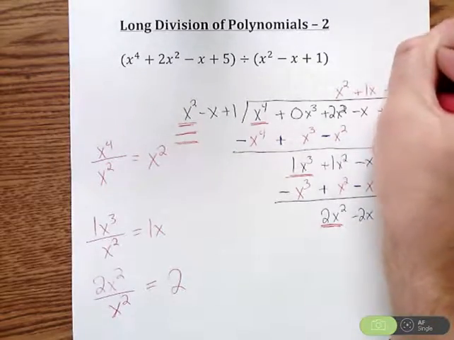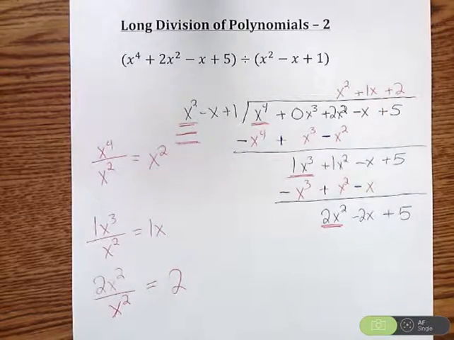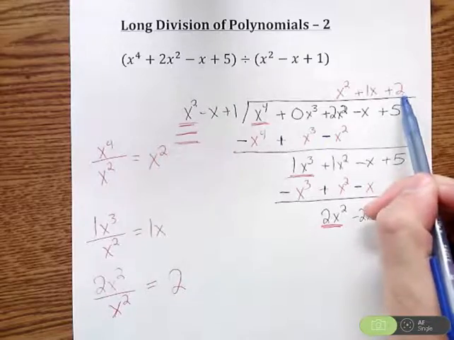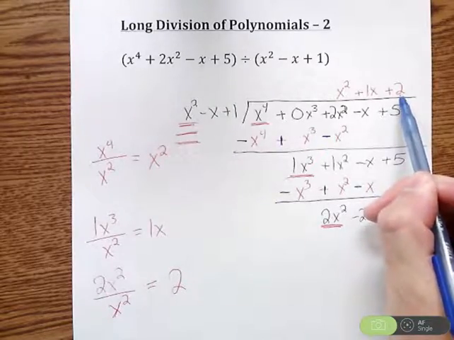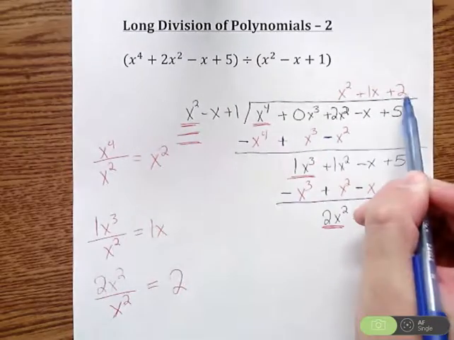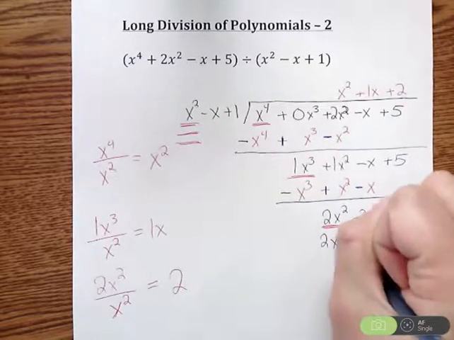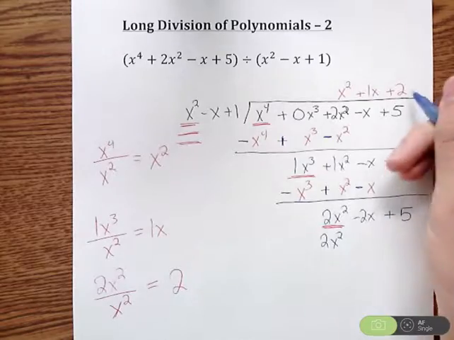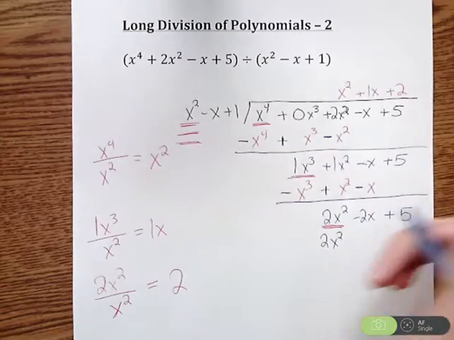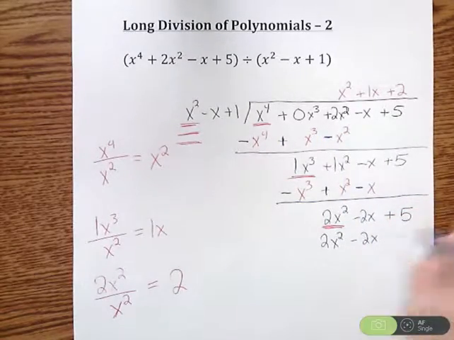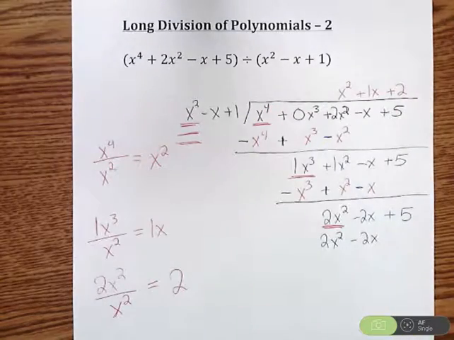So we're going to put plus 2 here. We're going to take the term we just wrote, the 2, multiply it through. 2 times x squared is 2x squared. 2 times negative x is a negative 2x. And 2 times 1 is 2.